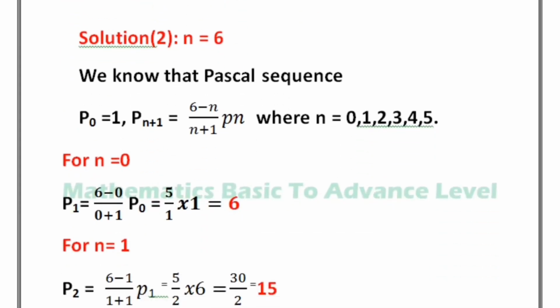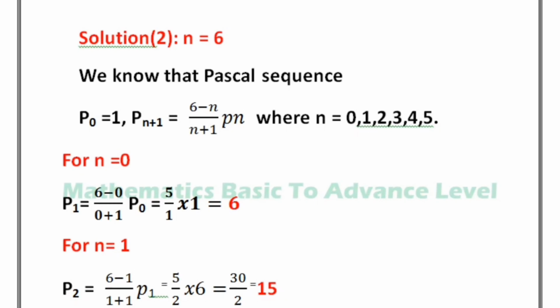Next, solution number 2, for n is equal to 6. We know that the Pascal sequence p naught is equal to 1, p n plus 1 is equal to (6 minus n) divided by (n plus 1) times p n, where n is equal to 0, 1, 2, 3, 4, 5.